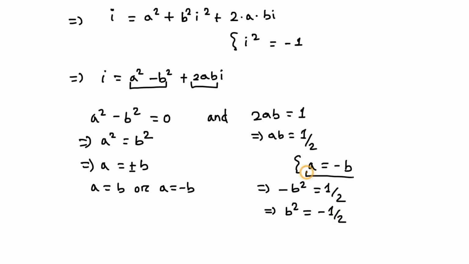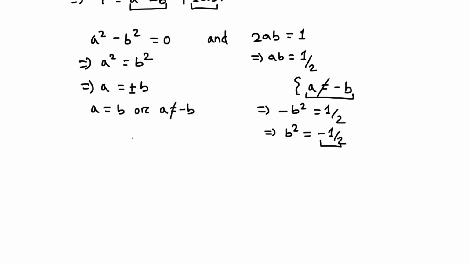This is impossible, as the square of any positive or negative number cannot be a negative value. So the value a equals minus b gets discarded. The only value we are getting is a equals b.